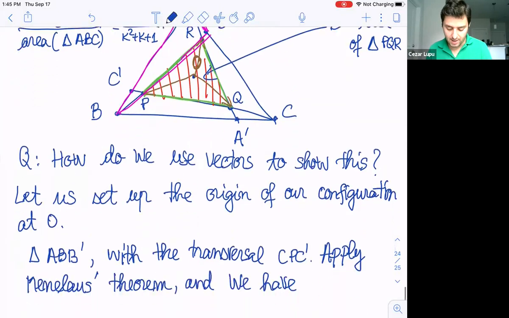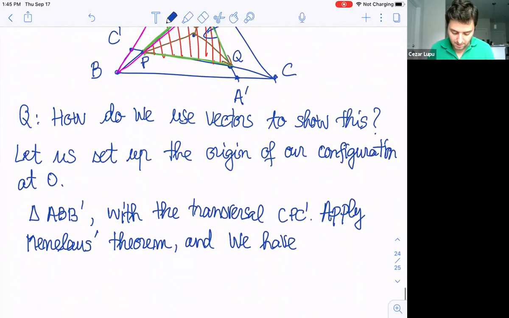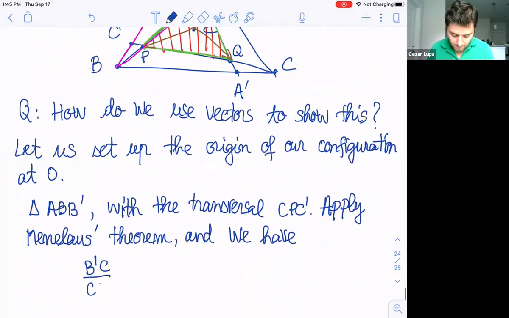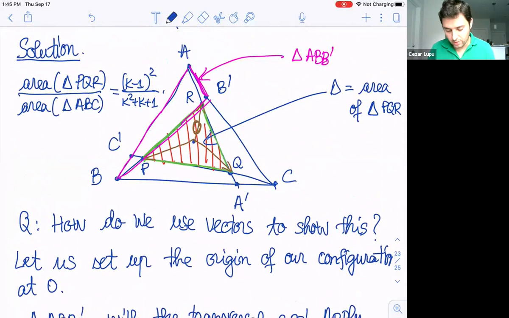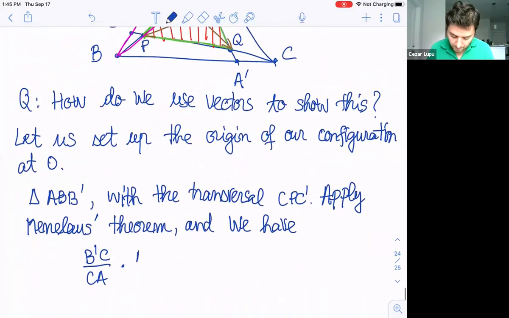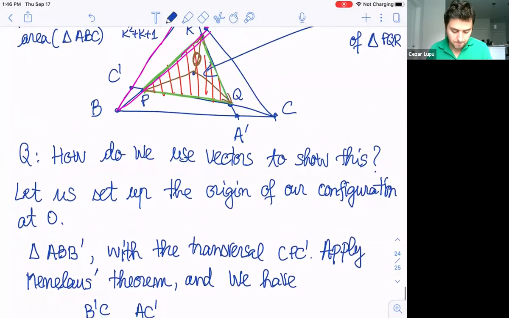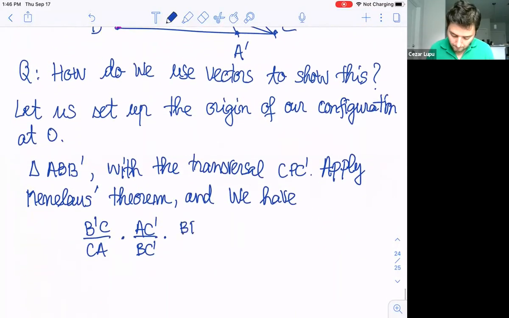So this implies that B prime C over CA, times AC prime over C prime B, or BC prime, it doesn't matter since we're not talking about vectors yet, times BP over PB prime, this product is 1.